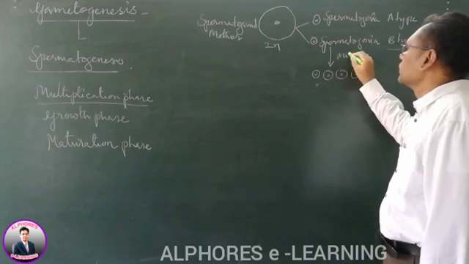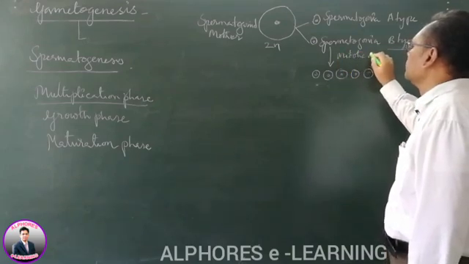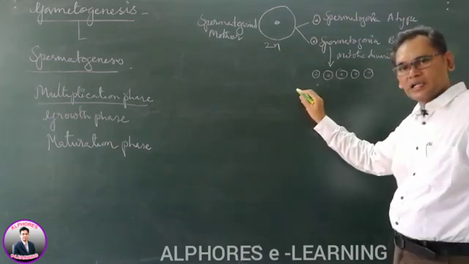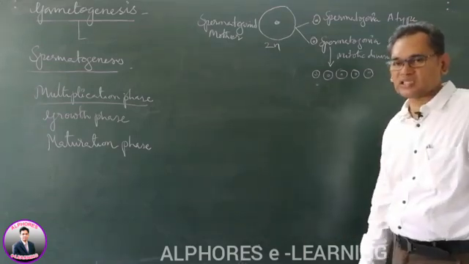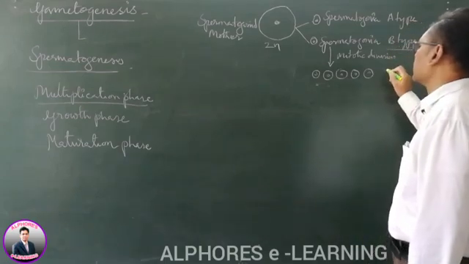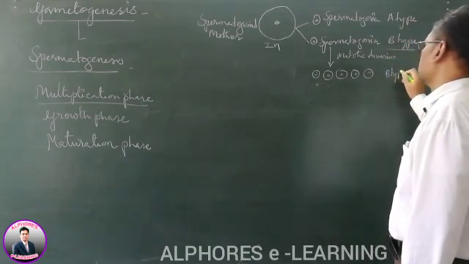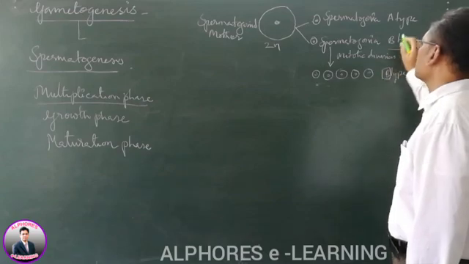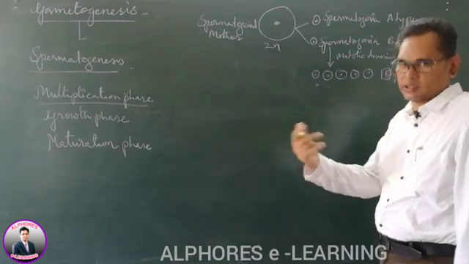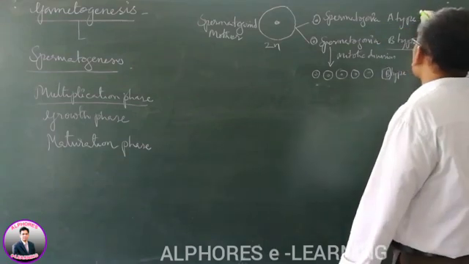The B type cells undergo mitotic division to produce a large number of cells, called spermatogonia B type. What about the A type? A type act as stem cells or reserve cells.